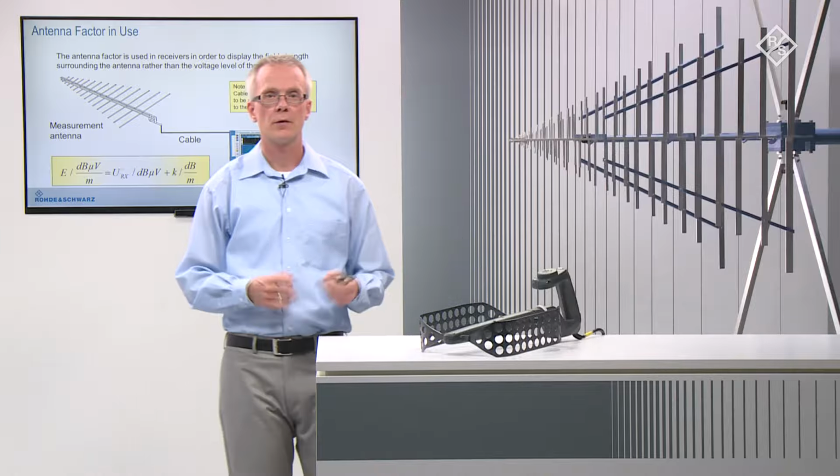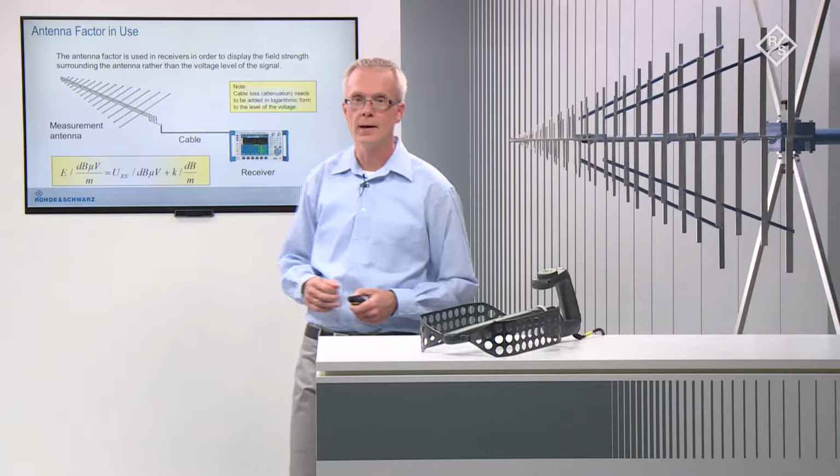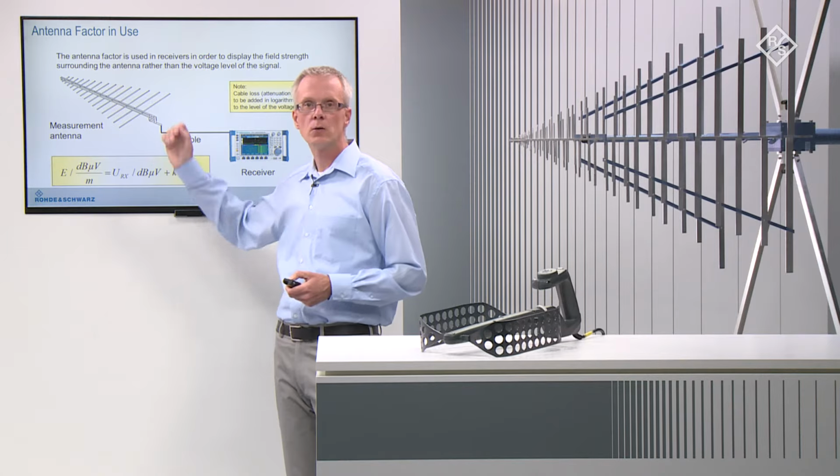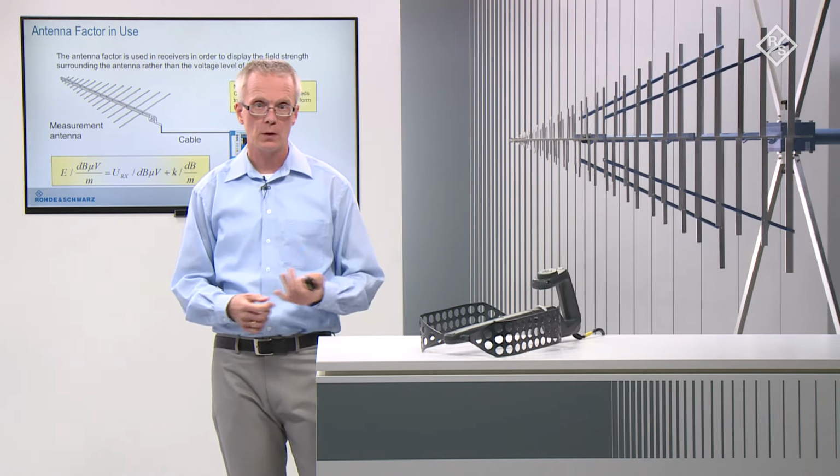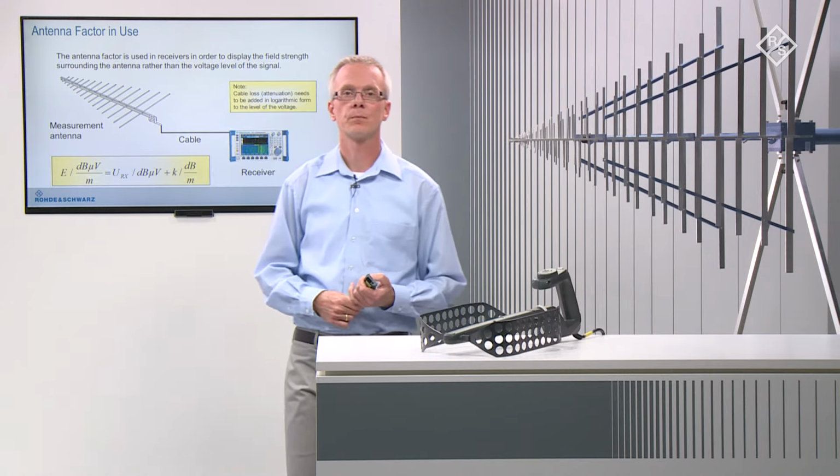Essentially, the antenna factor just needs to be added to the logarithmic value of the measured voltage in order to get a logarithmic value of the field strength.